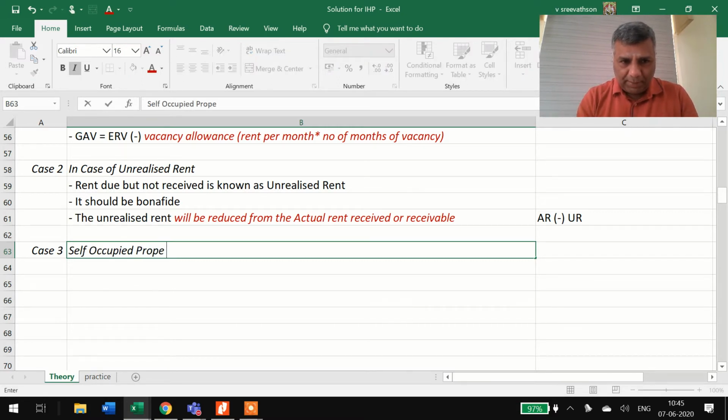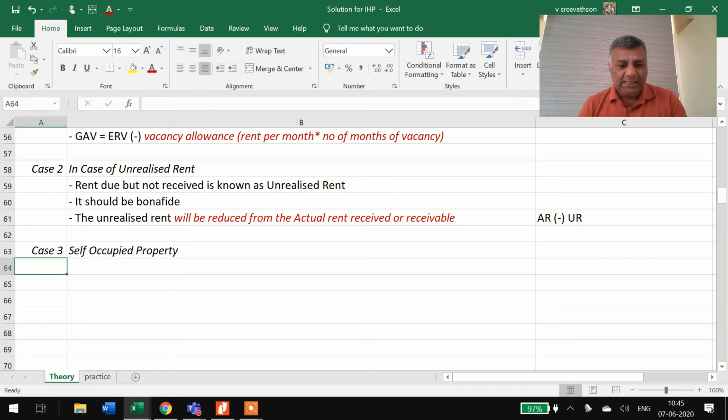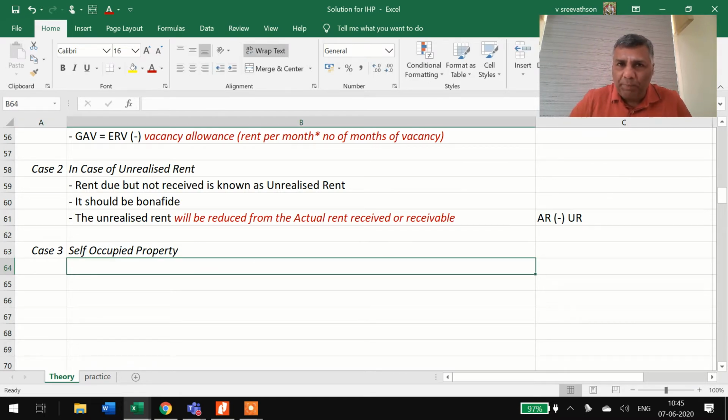Self-occupied property. What is self-occupied property? The owner himself resides in the property, or his son, daughter, somebody is residing. There is another circumstance also.